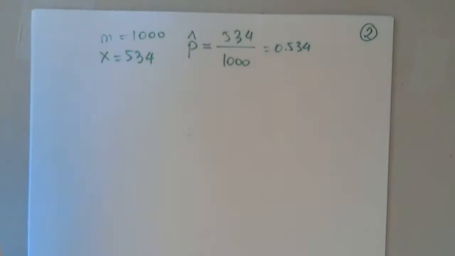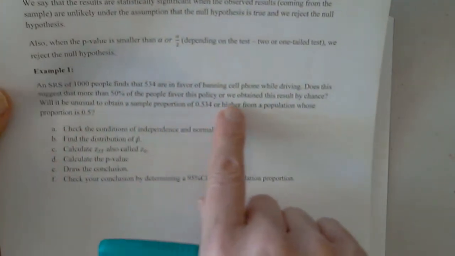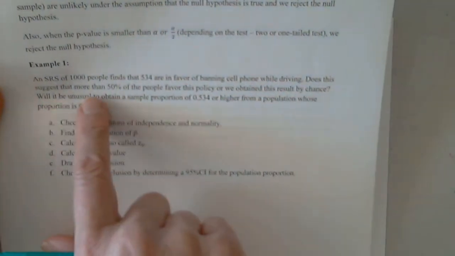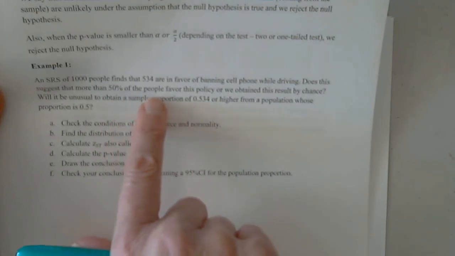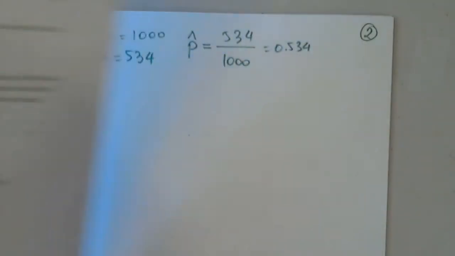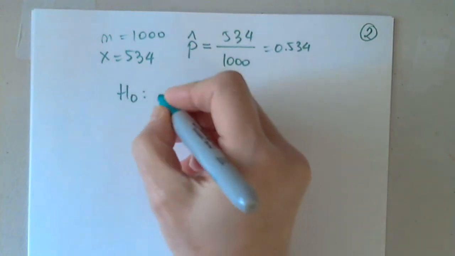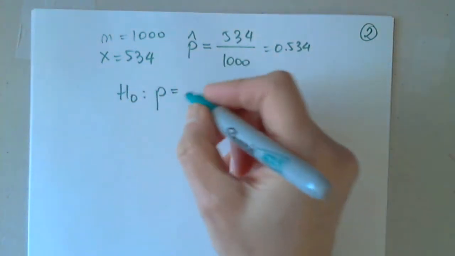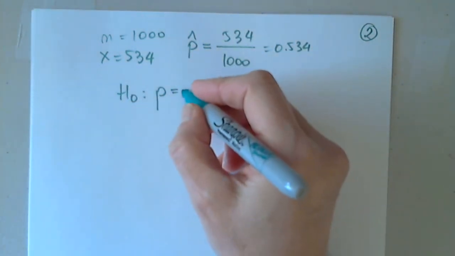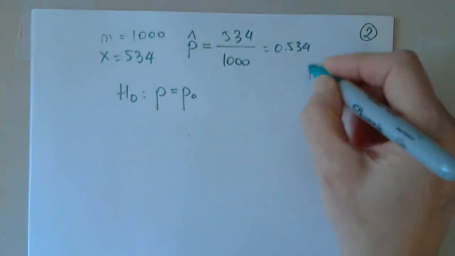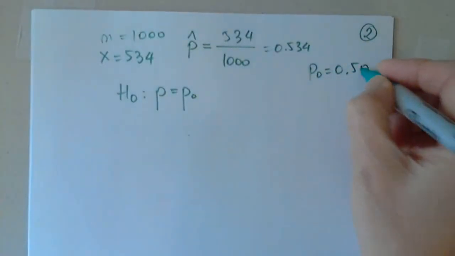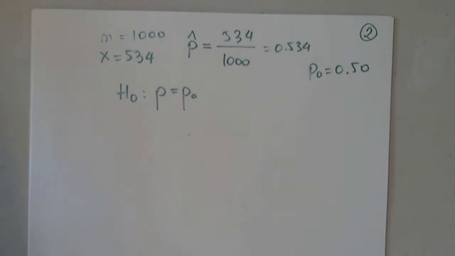When I read carefully, it says, does this suggest more than 50% of the people? So the null hypothesis is that p equals p0, where p0 equals 0.5. That's what it says, 50%.